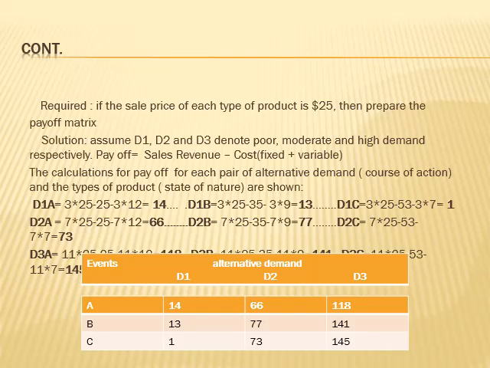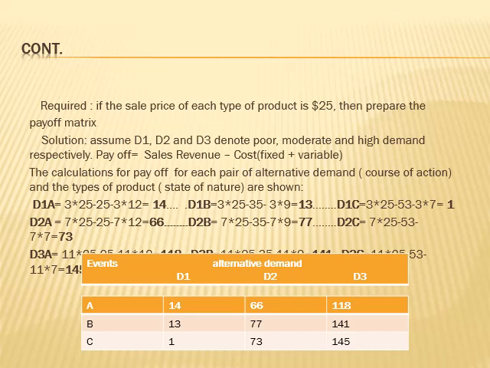Required: if the sale price of each type of product is $25, then prepare the payoff matrix. Assume D1, D2, D3 denote poor, moderate, and high demand, respectively.